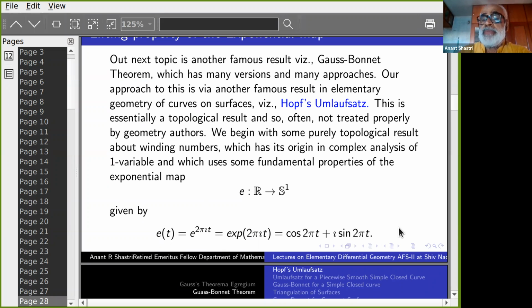Okay, so it is the restriction or modification of cos z plus i sin z, but z is now just 2 pi i t, where t is a real number. So think of this as a function from R to S1. The right hand side is a unit complex vector, right?